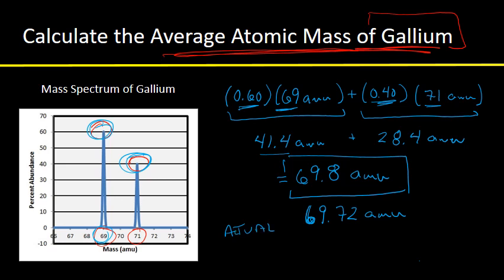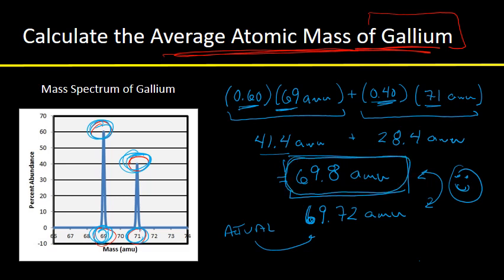Okay. So, even with this kind of crude reading of this graph and rounding these masses to integer values of 69 and 71 AMU, even by doing that, we got a really good estimate of the average atomic mass here.